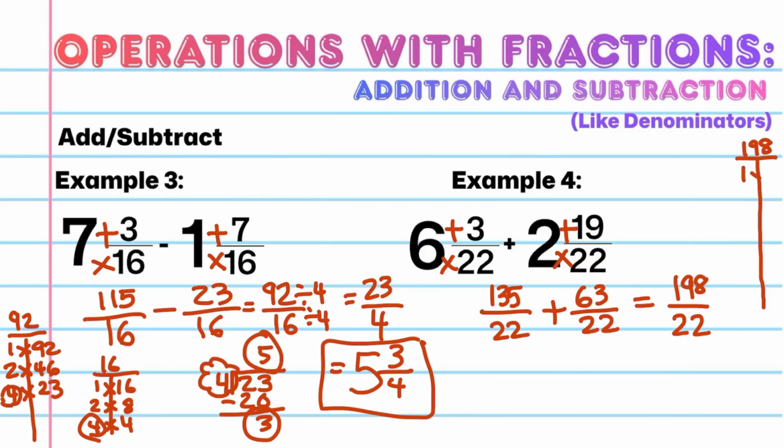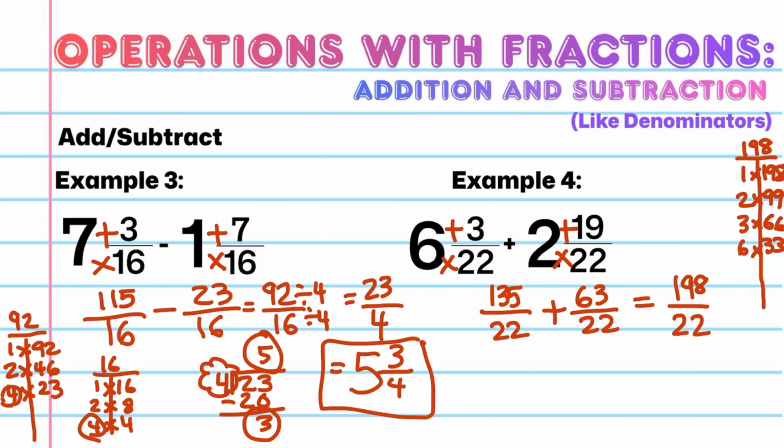I know that 1 times 198 is 198. 2 times 99 is 198. We have 3 times 66 is 198. We have 4 does not go into 198. 5 doesn't go into 198. 6 times 33.